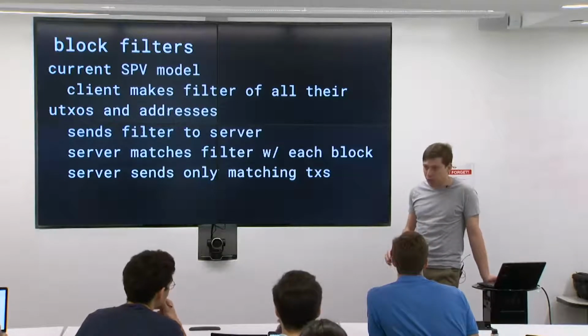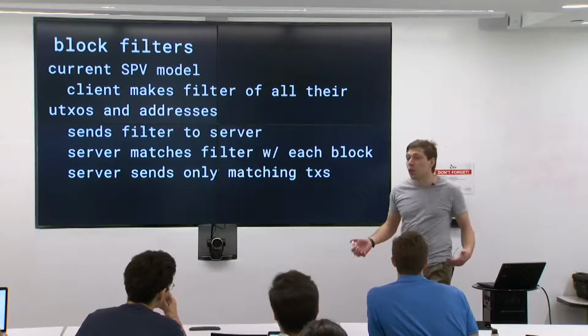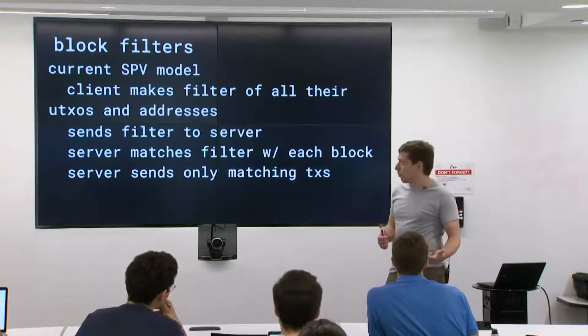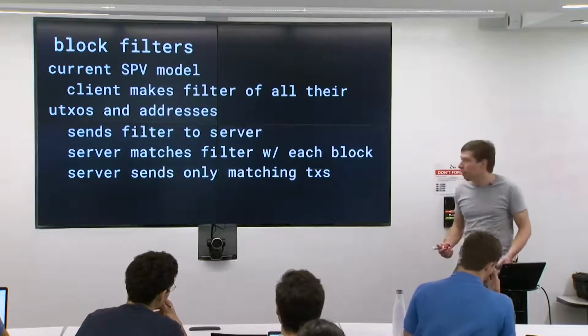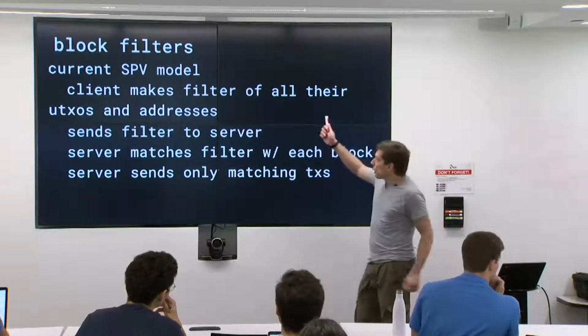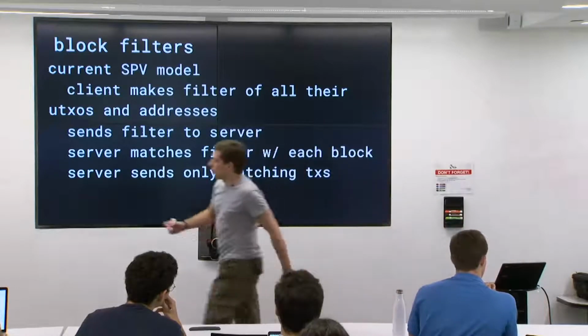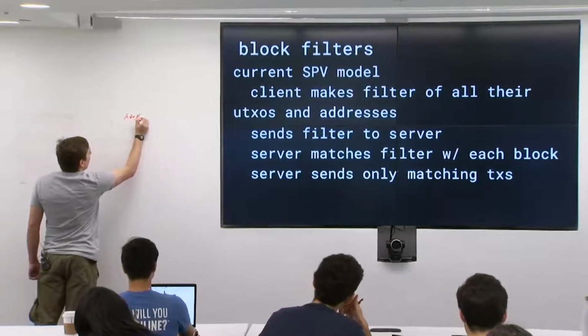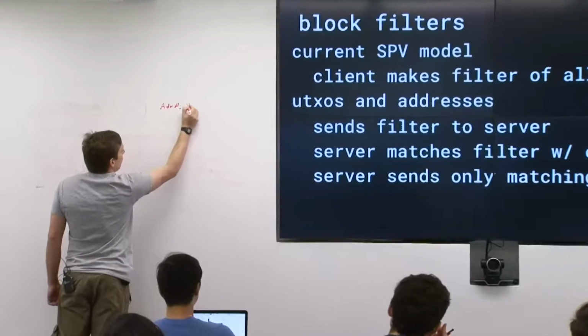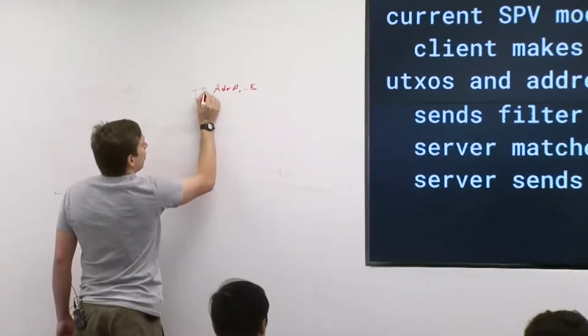You don't know of any money existing yet. But you say, okay, I made 5 addresses. I told these addresses to people. They might have sent me money. That'd be nice. So you make a Bloom filter of all these addresses. Let's say address A through E, and you make a filter.